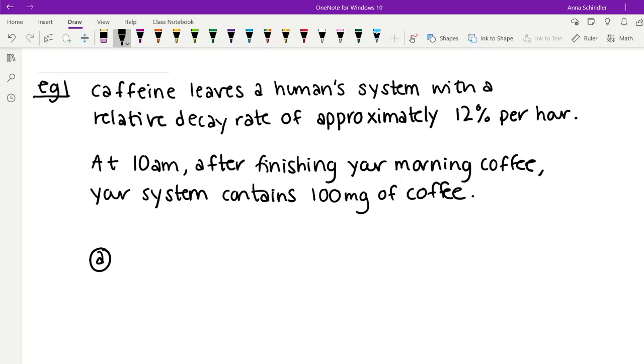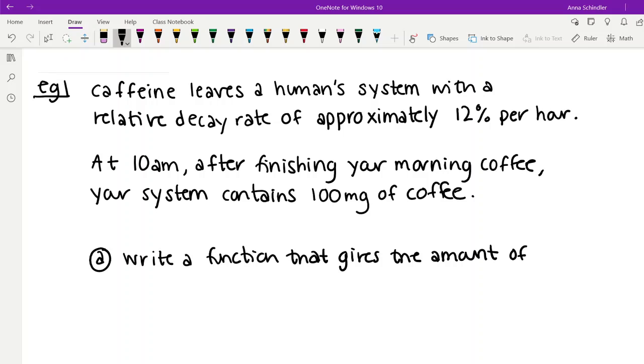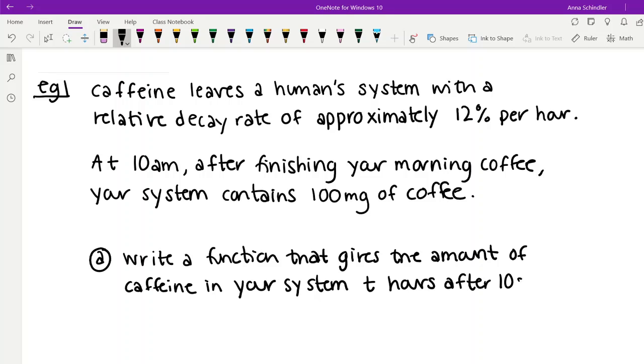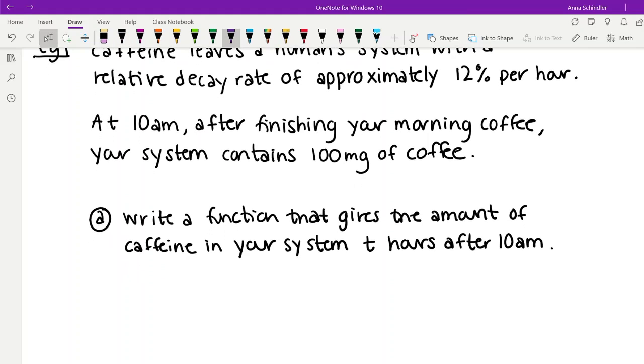The first question we want to ask is to write a function that gives the amount of caffeine in your system t hours after 10 a.m. Okay, so same format as our last two examples.